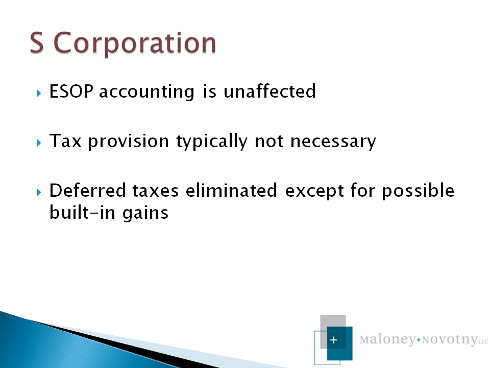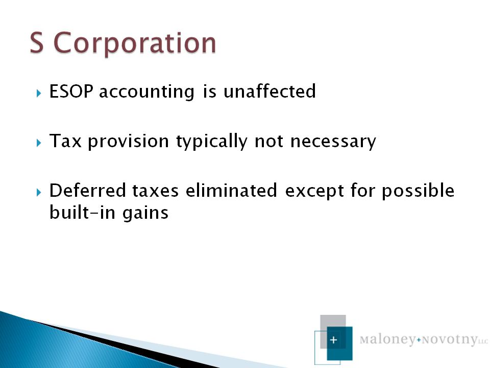So again, there are some inherent limitations. There is Section 415, but one of the things to remember is that even with an S corporation, the ESOP accounting is unaffected. Again, the loan, you book it as a loan on the balance sheet of the company. The corresponding debit is the unearned ESOP shares. Those shares are released as the loan is paid down, and as the shares are released, the unearned ESOP shares are reduced based on the original cost.